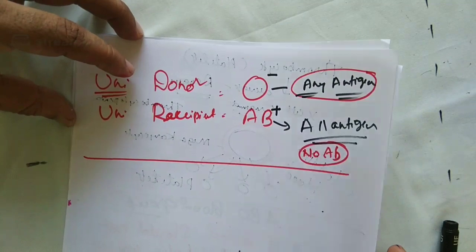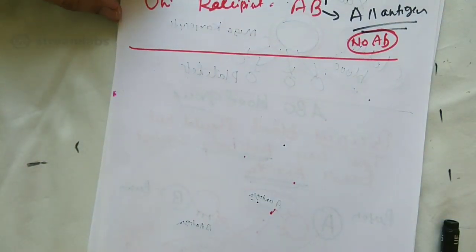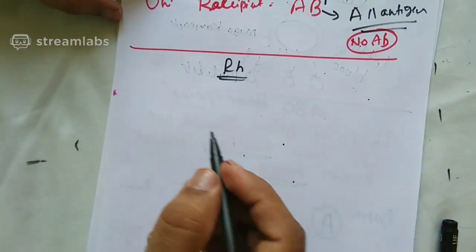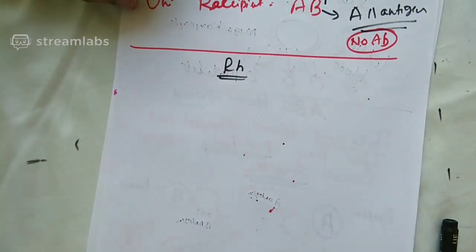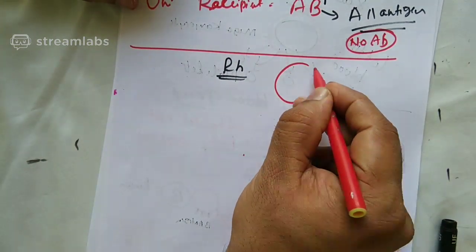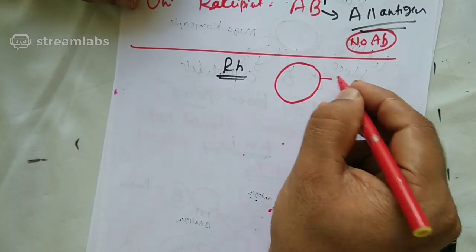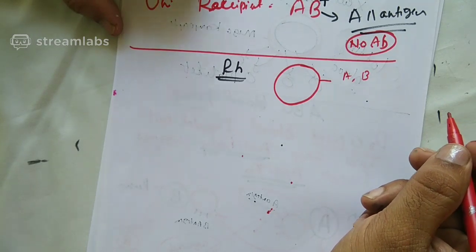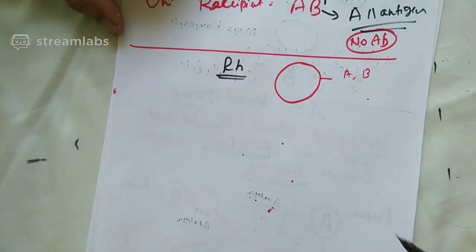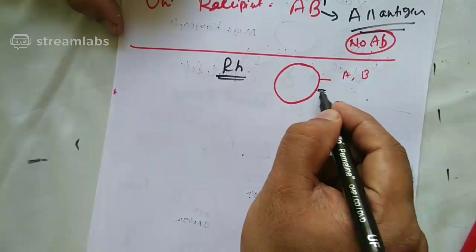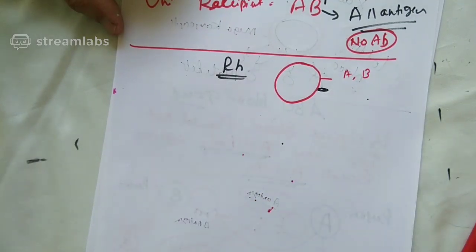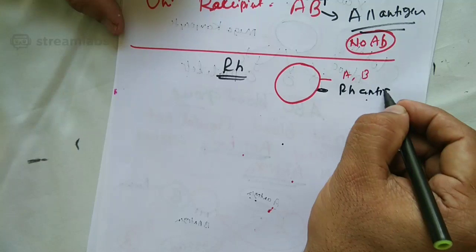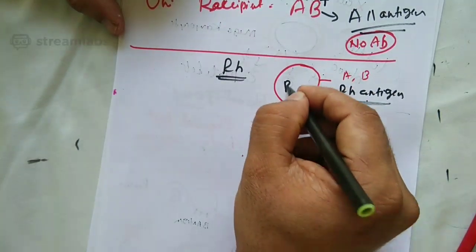Please remember that. Moving to the next aspect called Rh blood grouping. See here, Rh grouping. The RBC has an antigen for A or B, you know it. But in addition to that, it can have additional antigens. These antigens are called Rh antigens on the RBC.